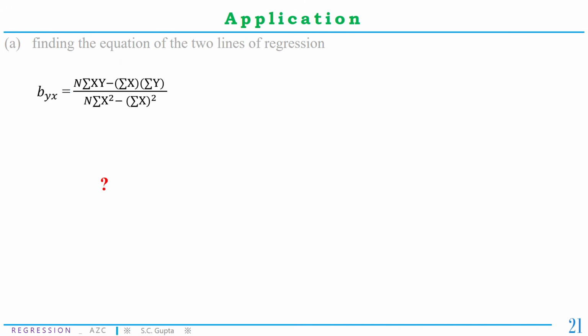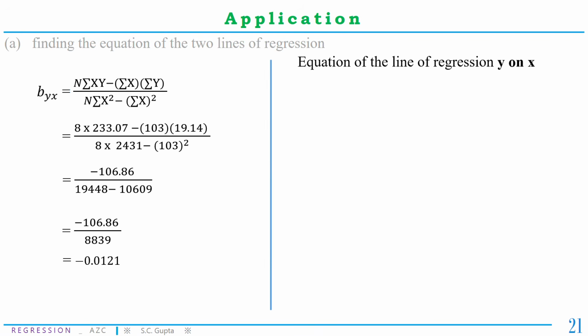Calculation of coefficient of regression, byx. Let's put the values in the equation and identify byx. Byx obtained is minus 0.0121. Now put this value in equation of the line of regression y on x and solve this equation.